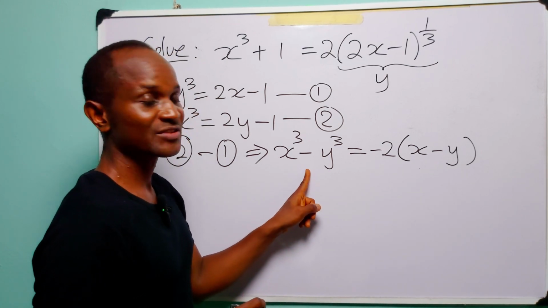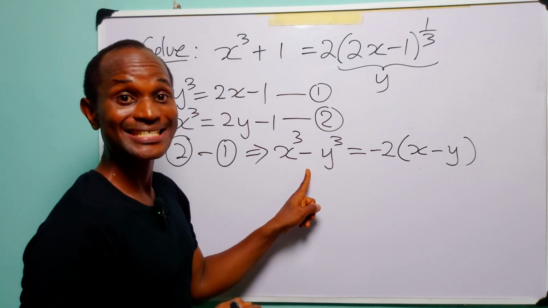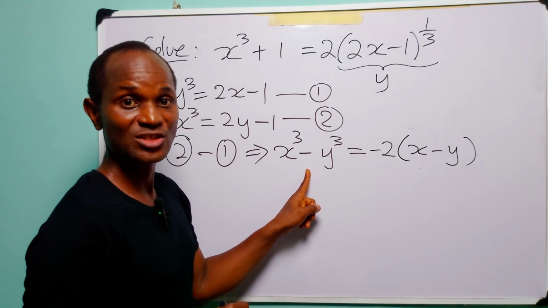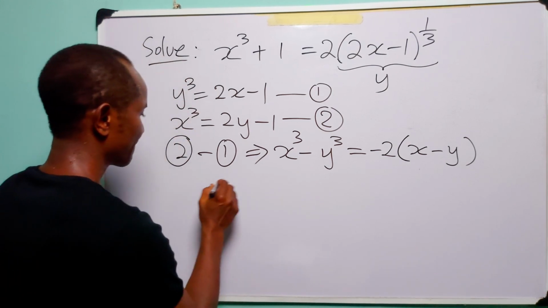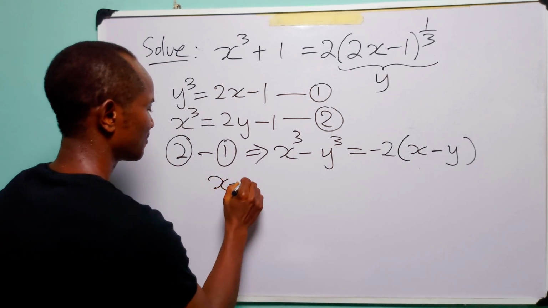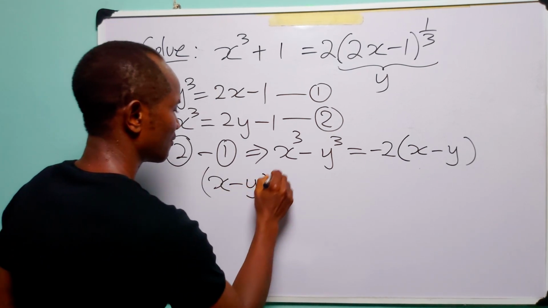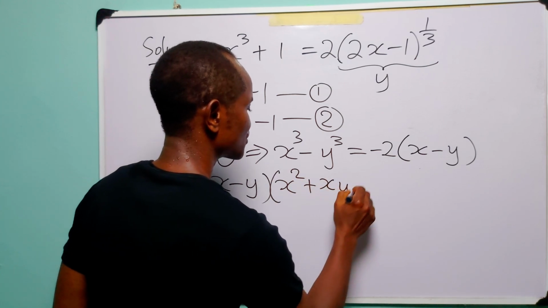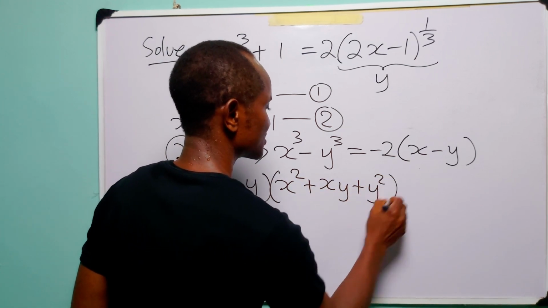Now, when you look at the left-hand side of this equation, you will see the difference of two cubes. And you know that we can factorize the difference of two cubes as (x minus y) multiplied by (x squared plus xy plus y squared).